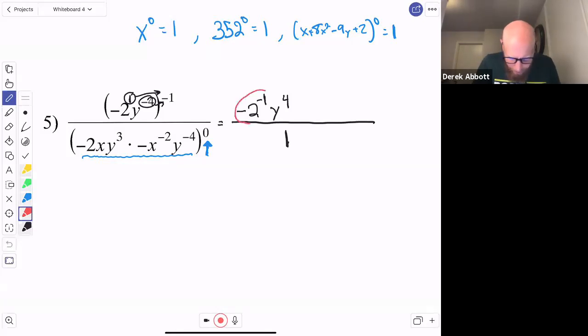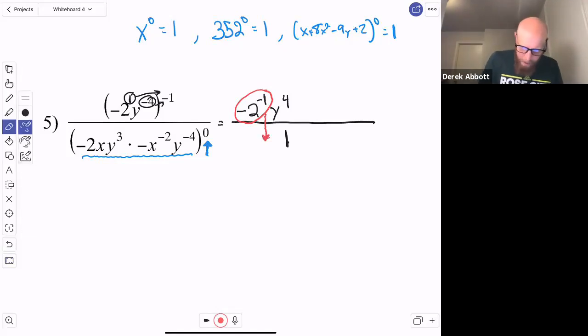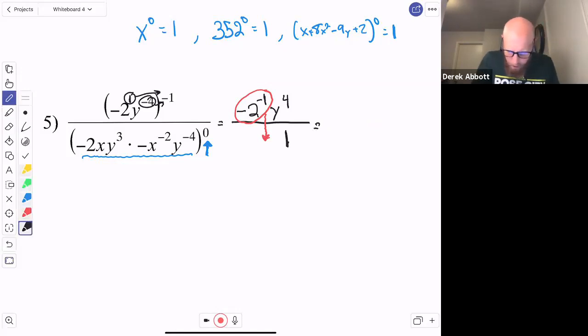Here, it's a number base, but it's got a negative power, right? What's the negative? Push the elevator button, zzz, comes on down, right? So let's do this real quick. I don't need that big of a line there. Let's say this equals, guess what? The y to the 4th, because it was not connected to the negative exponent, stays on top.